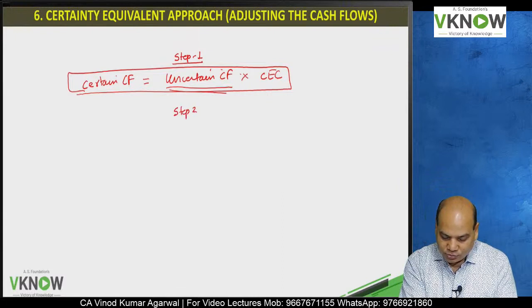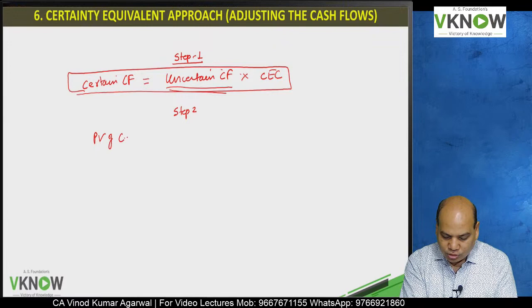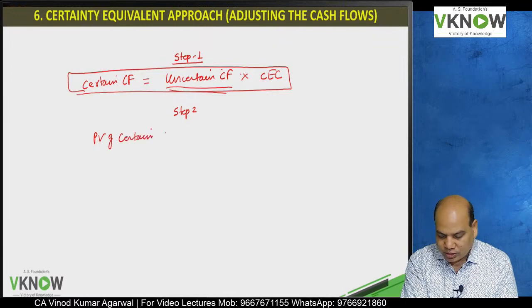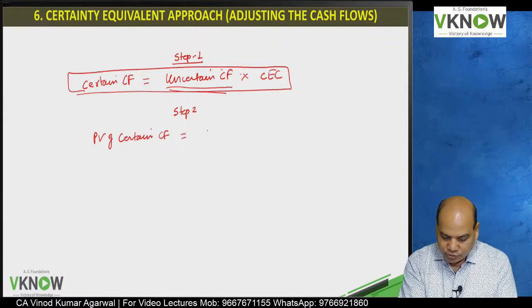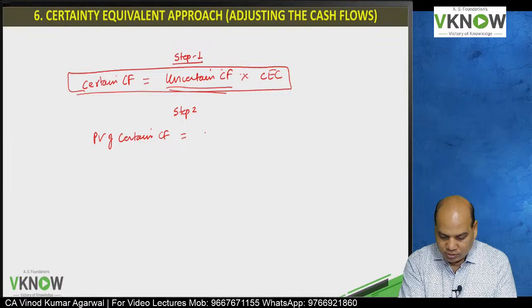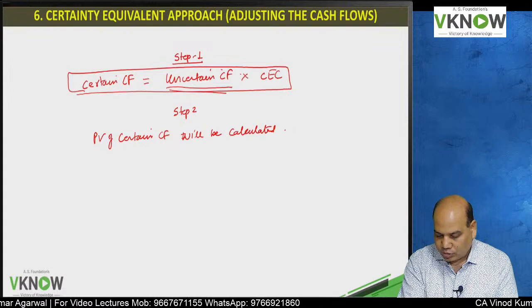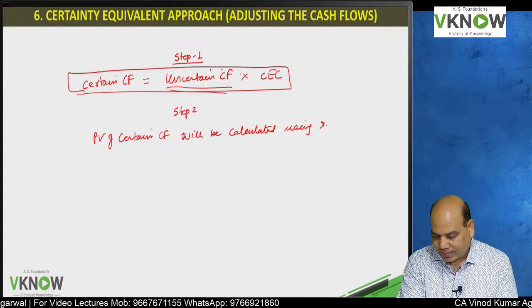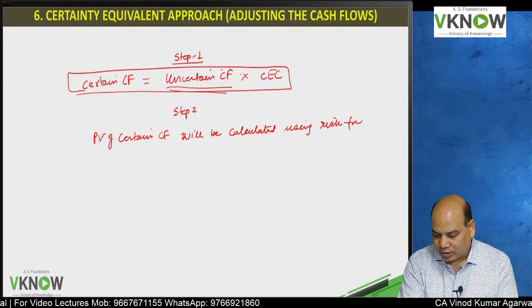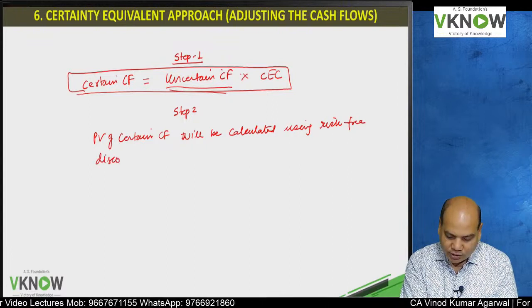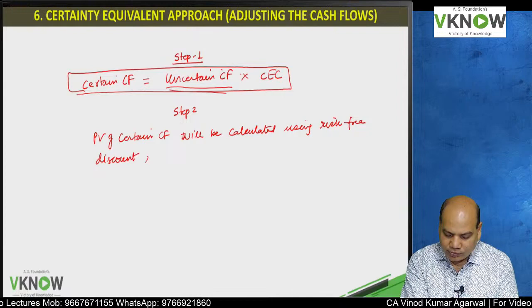And then step 2, the present value of the certain cash flow will be calculated using the risk-free discount rate, because now the cash flow is certain.